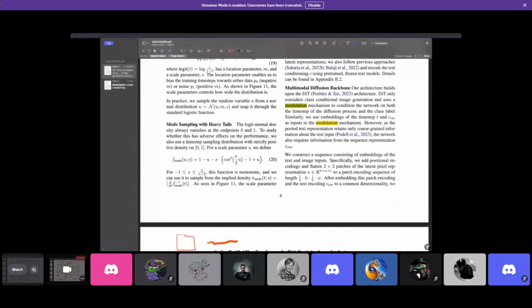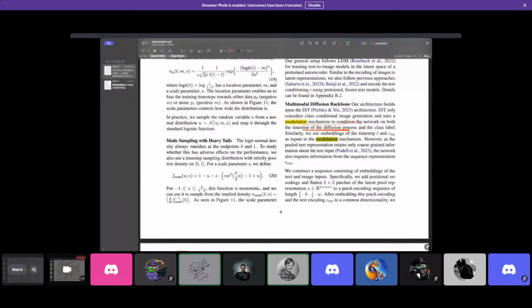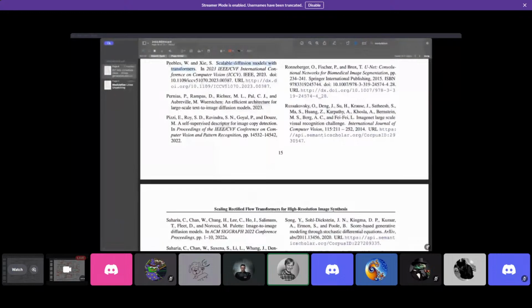The architecture built upon that only considers class conditions and uses a modulation mechanism to condition the network on both the time step of the diffusion process and a way to incorporate that, but we can maybe go look that up. What I find interesting is that I'm very familiar with those kinds of things because they're used in document analysis all the time.